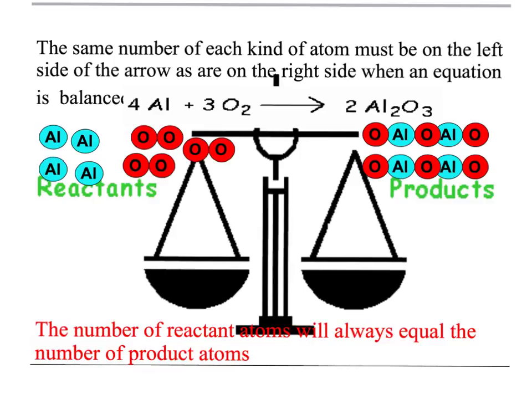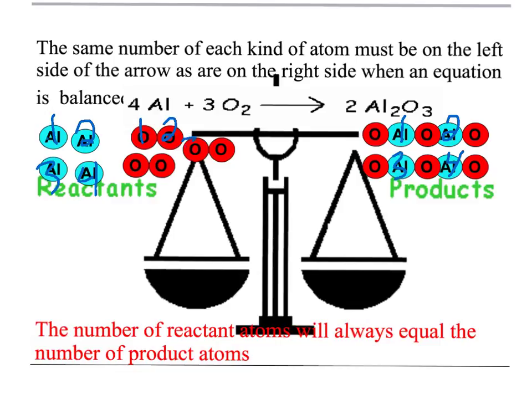Now the same number of each kind of atom must be on the left side and on the right. That's what makes it balanced once again, okay? And so I've got 1, 2, 3, 4 aluminum, and 1, 2, 3, 4 aluminum.